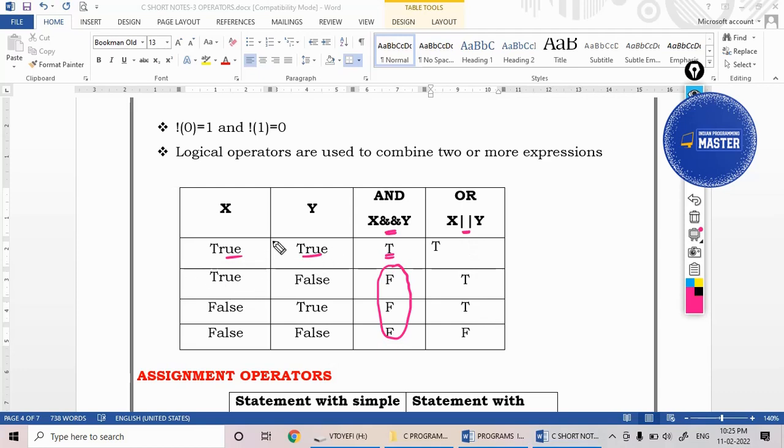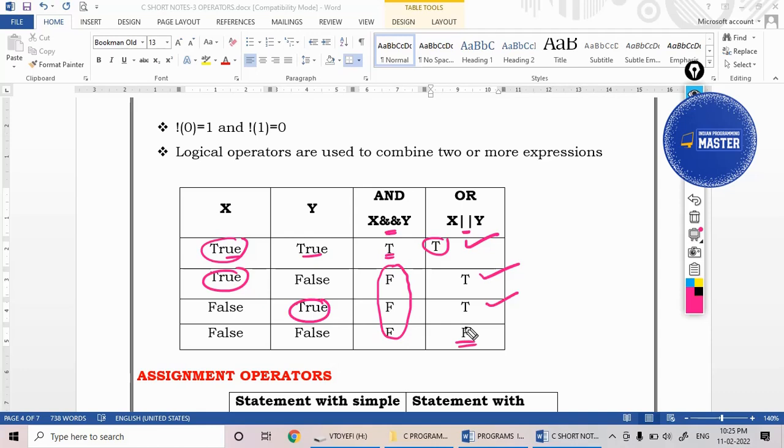In the logical OR operation, if any one is true, see here this x is true, then the result is true, and if this is true, here it is also true. If any one of x and y is true, that means any one of the expressions is true, then the result is true. In the remaining cases it is false. That is the difference between logical AND and logical OR.